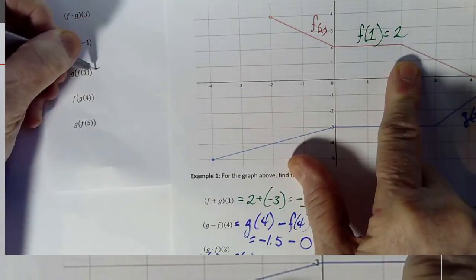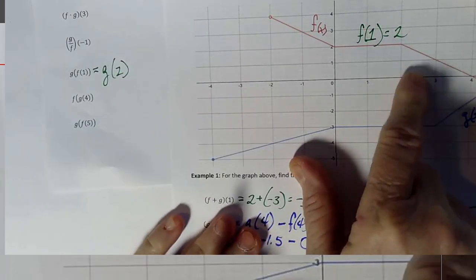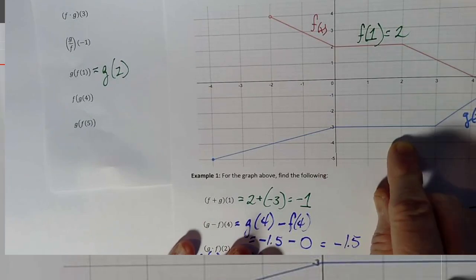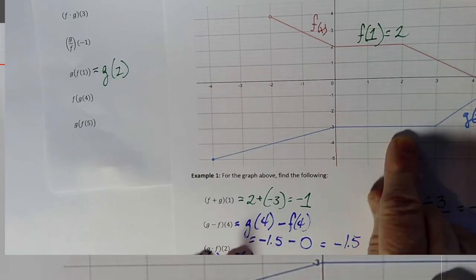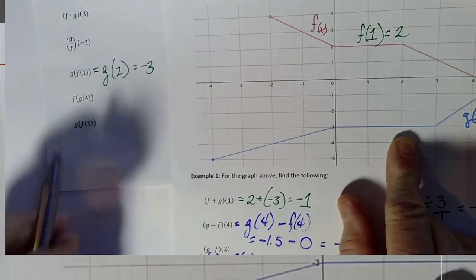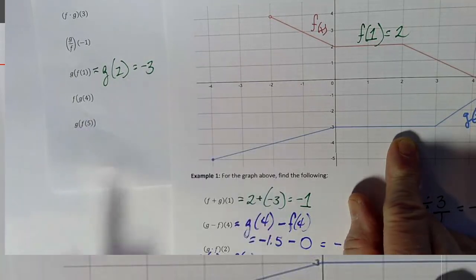So I want to find g of 2. So I want to let x equal 2 and come to g, and I see that I get negative 3. So the answer of g of f of 1 is negative 3.